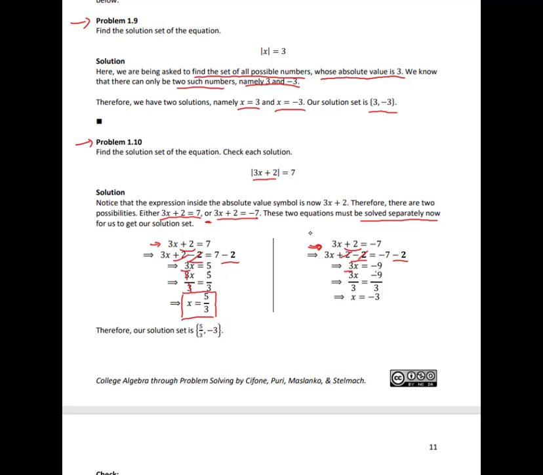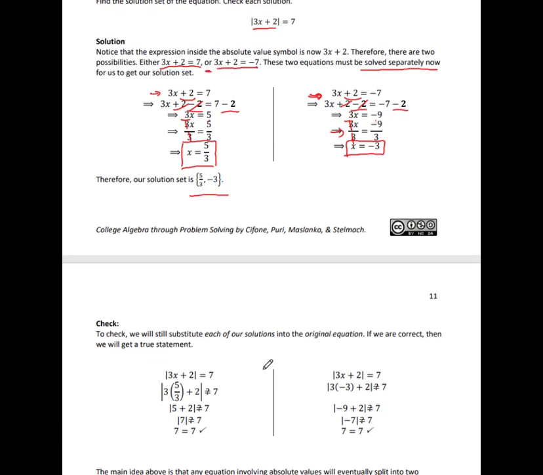To get rid of the 3 in front of x, we divide both sides by 3. Dividing by 3 on both sides makes the 3's cancel on the left, and the right-hand side becomes negative 9 divided by 3, which is negative 3. So we ended up getting two solutions, x is equal to 5 over 3 and x is equal to negative 3. So our solution set is 5 over 3 and negative 3.